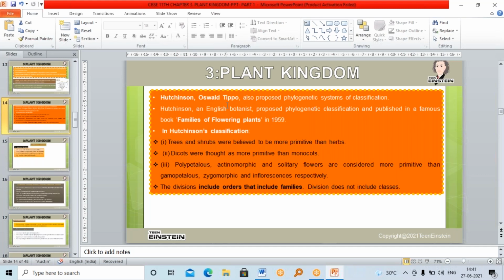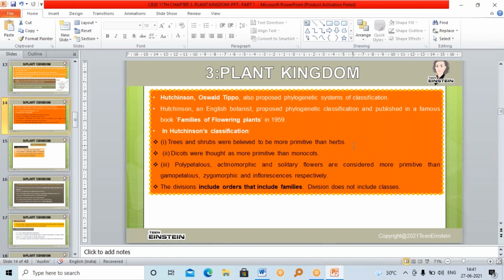Another classification coming under the phylogenetic system is Hutchinson's. They proposed another classification that also comes under the phylogenetic classification system, and they arranged the families of flowering plants in 1959.